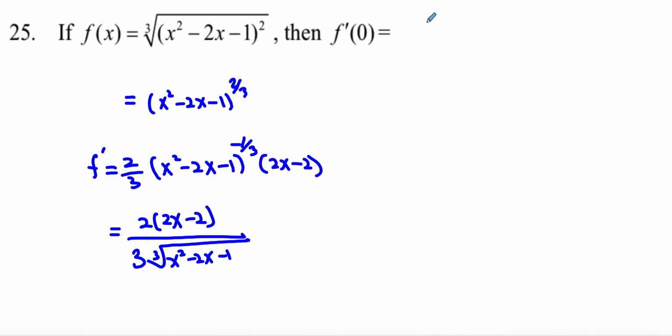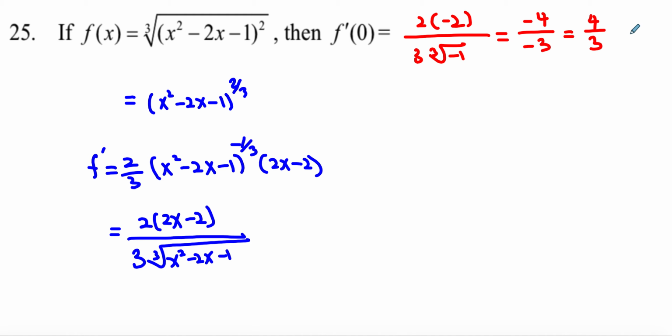On the top we get 2 times negative 2, that's the only thing left, and on the denominator, 3 times the cube root of negative 1, but we know that the cube root of negative 1 is negative 1. So on the top we get negative 4 over negative 3, which is 4 over 3. That becomes our answer.